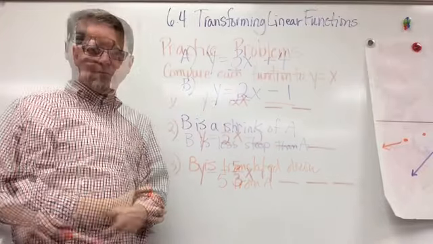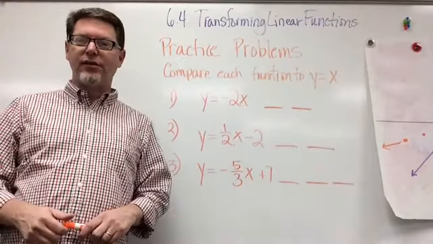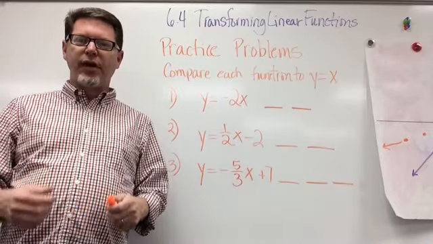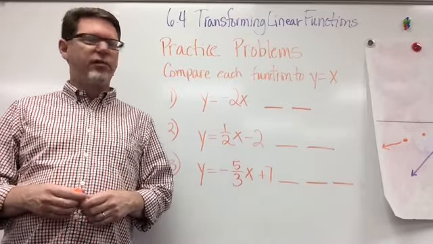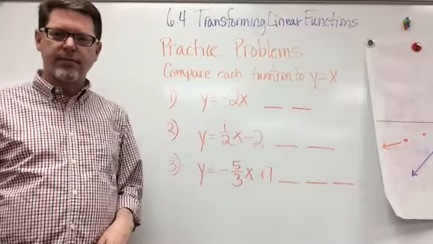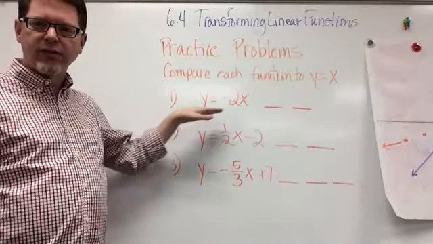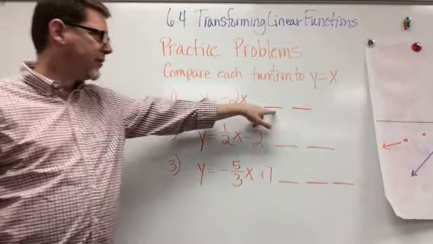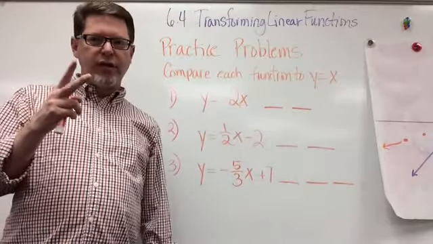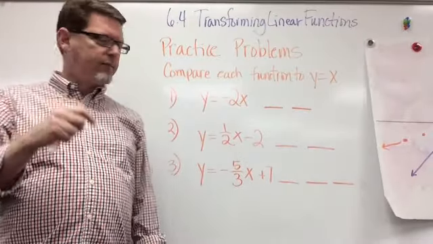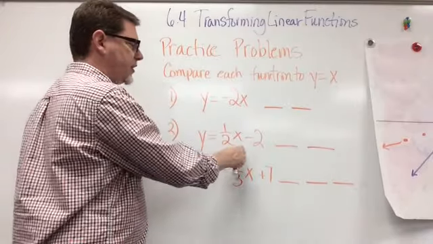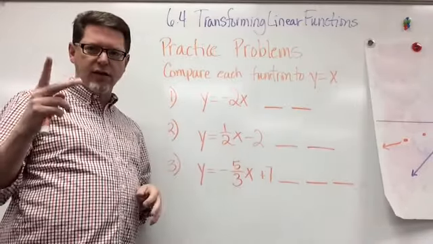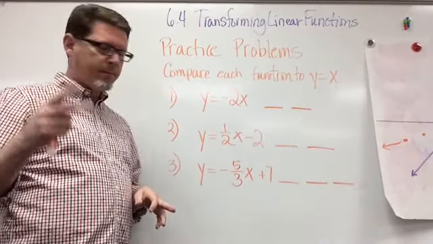So here are your practice problems for tonight's video. Compare each of these functions to the parent function y equals x. The first function is y equals negative 2x. And the reason I have two blanks is because there are two things that need to be written down. For y equals 1/2 x minus 2, again, there are two things that need to be written down.